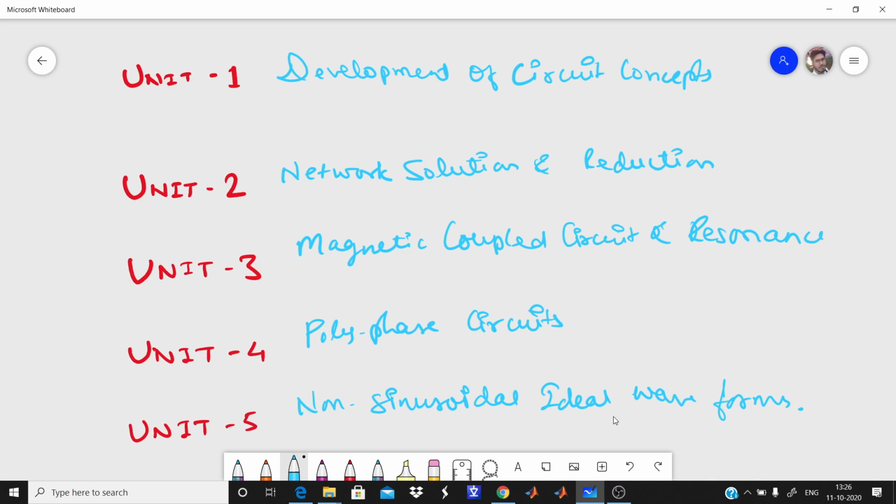In this subject, you have to study these 5 units, and after this you will be able to solve different types of networks by different algorithms or theorems that are available to solve or reduce the network, and you will know what magnetic coupling is, how to solve magnetically coupled networks, what polyphase circuits or networks are, and what the different types of non-sinusoidal ideal waveforms are and how they will affect the system, and for sinusoidal waveforms, the procedures to solve the network.